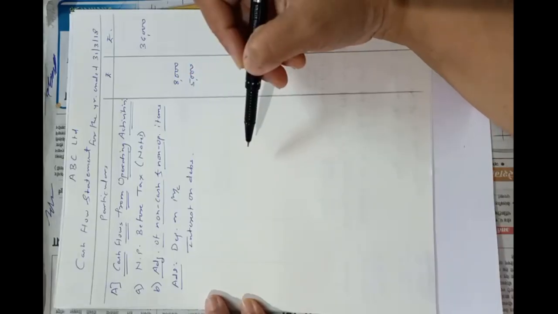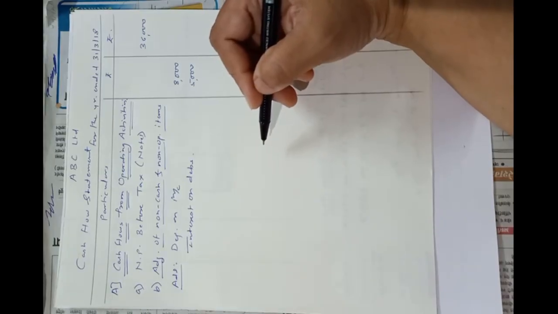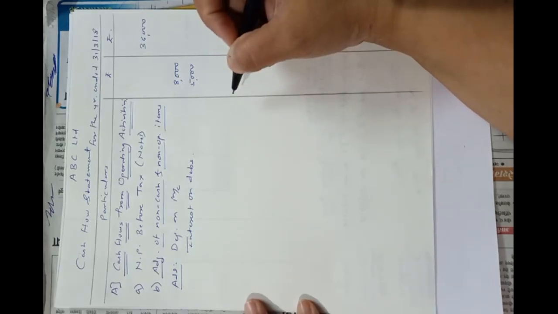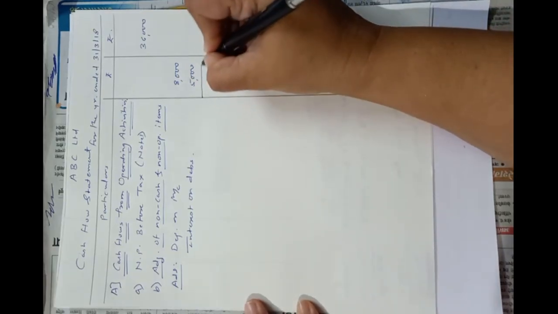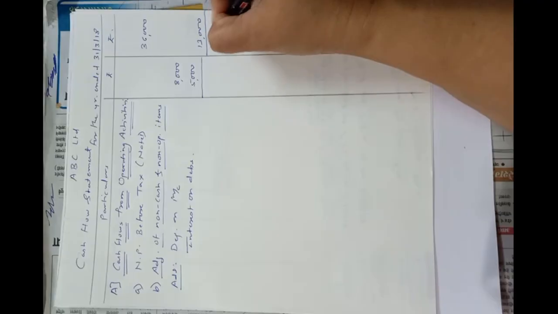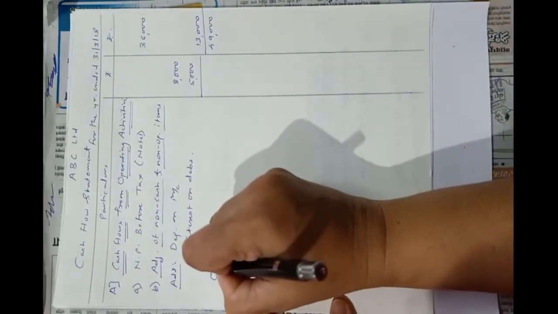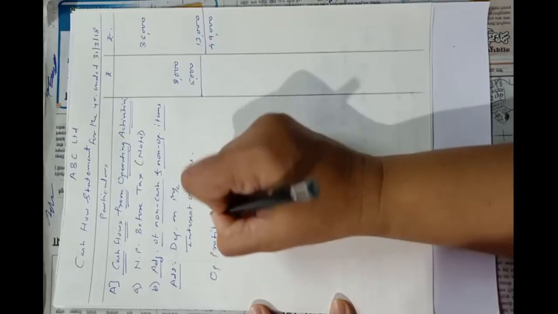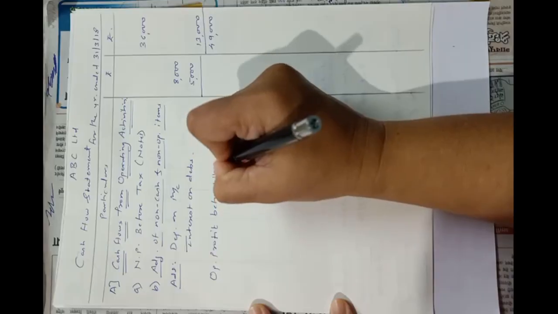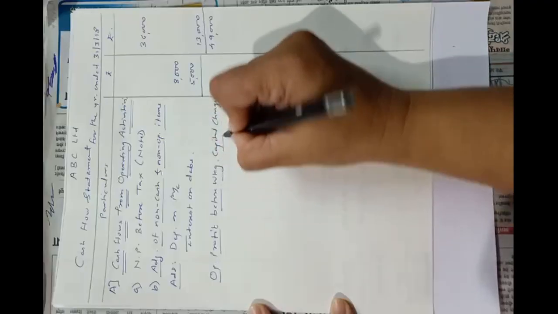We have to add them, and we have to add non cash or non operating, we have to less non cash and non operating incomes. ओके, सो तसा कुठलाही आयटम प्रॉब्लेममध्ये नाही आहे. सो आपण हे दोन्ही ॲड करणार आहोत, दॅट इज 13,000 and the total amount is 49,000, which is operating profit before working capital changes.